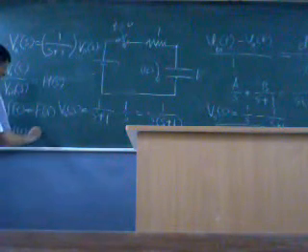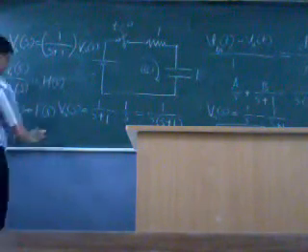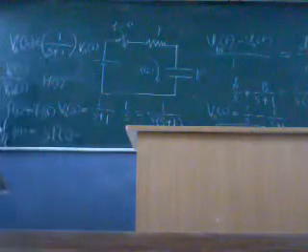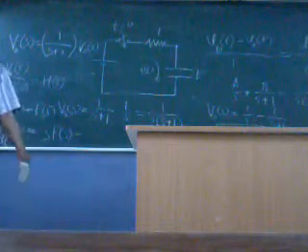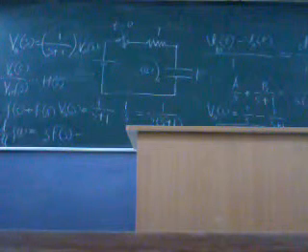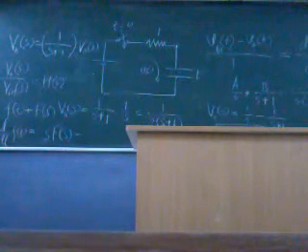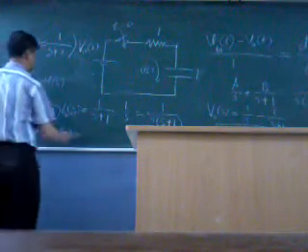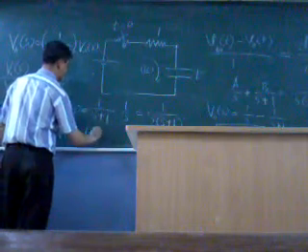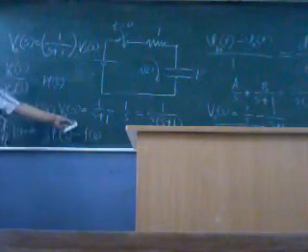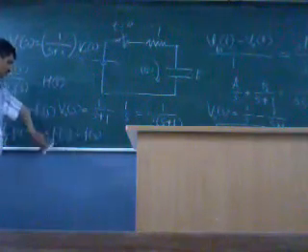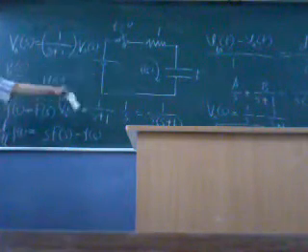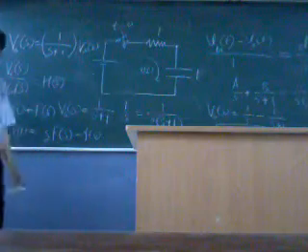It is s into F(s) minus what? Somebody said it, so it must have been covered. F of 0, the value of the function at t equal to 0. This we assumed to be 0, so we wrote it as s into F(s). We assume that the output at t equal to 0 is 0. So this was the answer. Otherwise the answer changes.